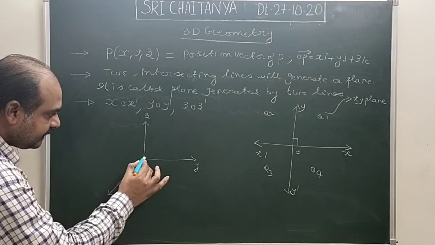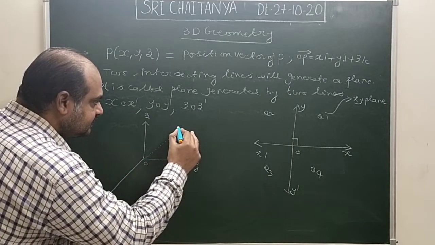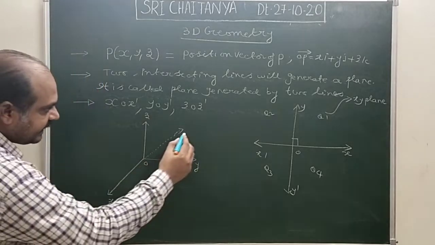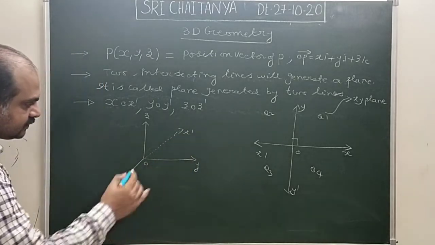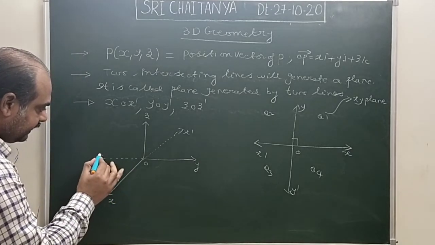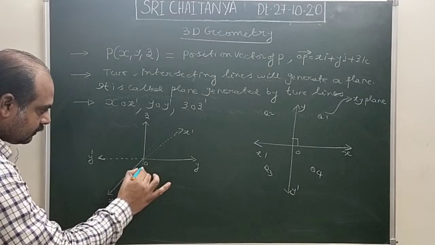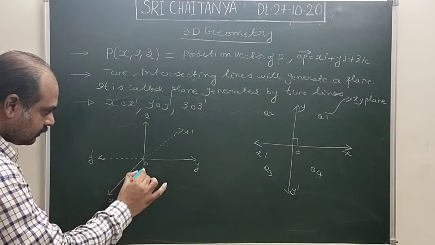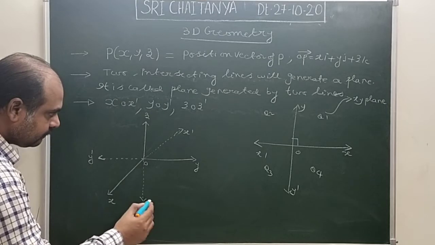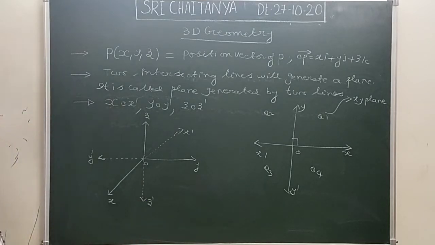So XOX', this is the line, this is the x-axis. This is YOY'. This is ZOZ'.